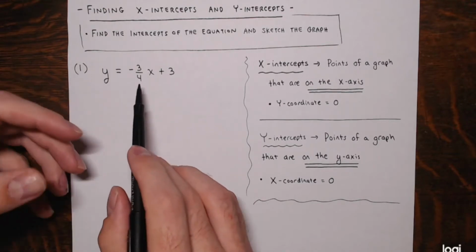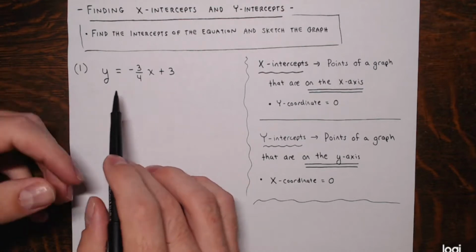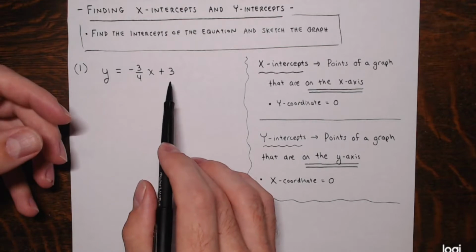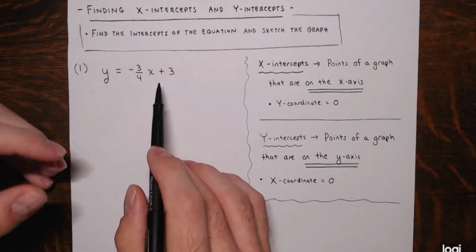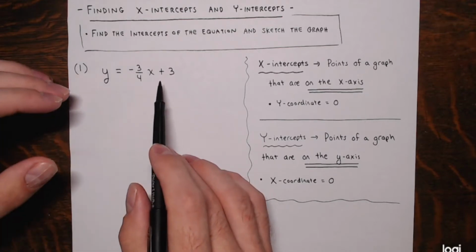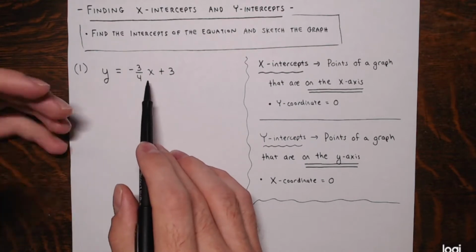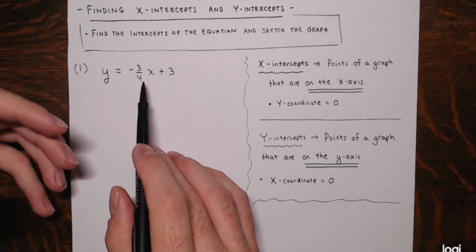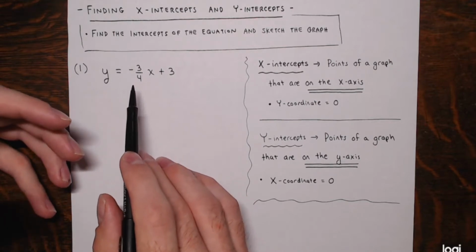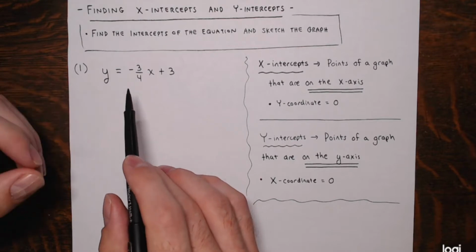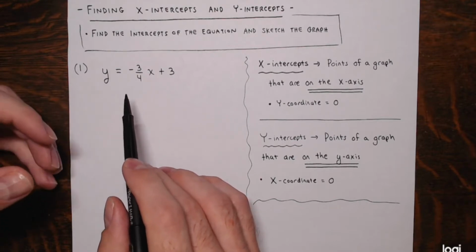No square root symbols, no absolute value symbols, nothing like that. No variables in denominators, right? Nothing special about it, really. And if that's the case, what we're going to have here is linear equations. Every single equation in this video is a linear equation. The graph will be a straight line.